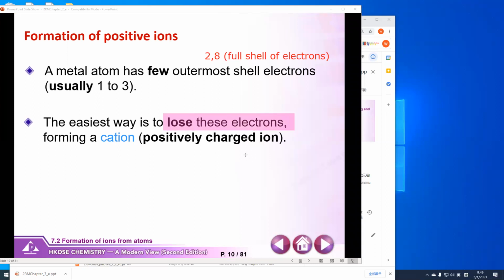Therefore, they are the positively charged ions we call cation.